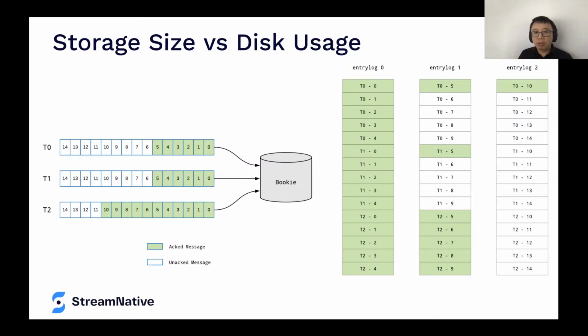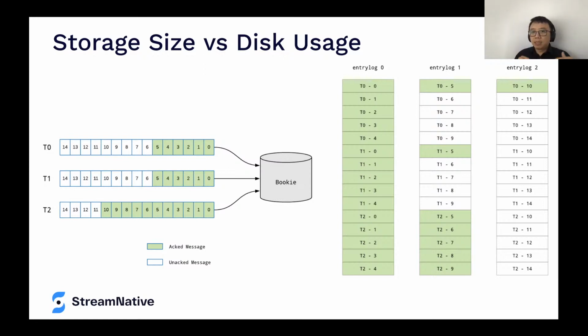I just want to call out that the storage size doesn't directly represent the usage in BookKeeper. It's just because BookKeeper itself doesn't store each topic as a file. It uses an interleaving structure.